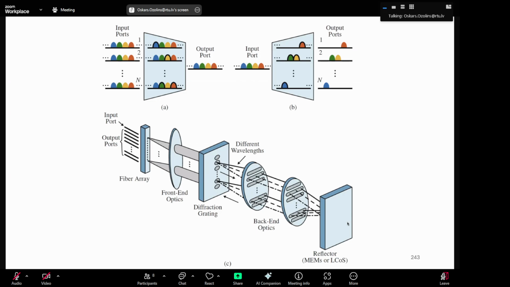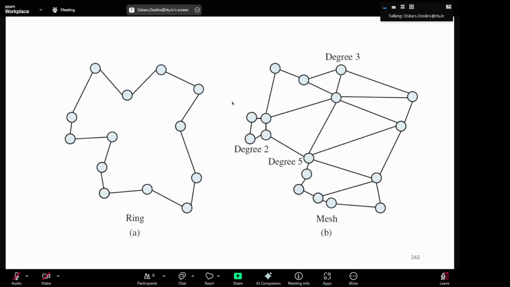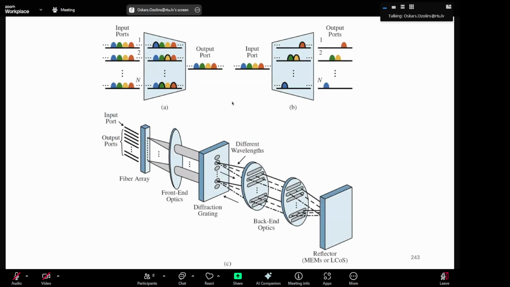This is just a physical realization of how different elements work: from the fiber array, you have front end optics, you make the beam from diverging to collimated, and then you have a diffraction grating which is used to switch different wavelengths, and then you have some reflector. So your channels come in and then they come out in different ports. So yeah, input port, output port. You can do switching in these mesh networks, and that's a very nice thing to do.